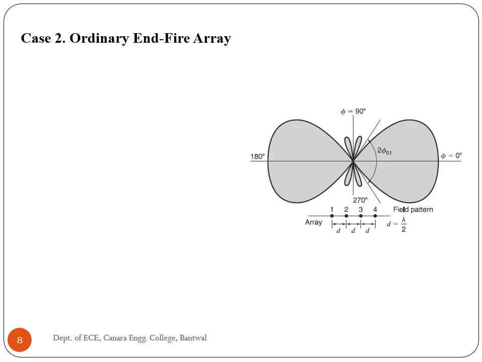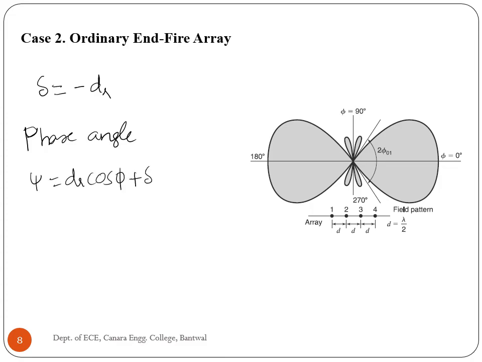In an end-fire array system, the peaks should be along the axis and the distribution is uniform on both sides. We can see in the figure. The condition for end-fire array system is delta is minus dr. Therefore, we can say that phase angle xi is equal to dr cos phi plus delta.